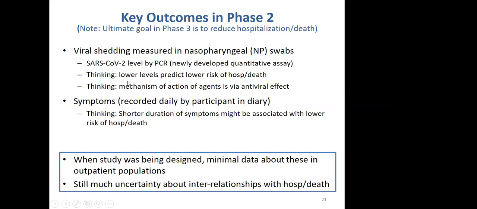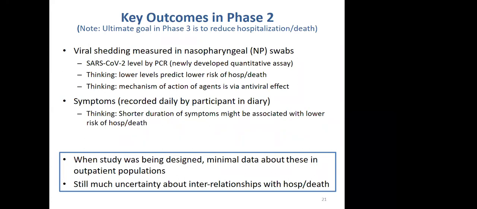So the concept here, and this gets at surrogacy issues, the thinking was that lower levels of the virus would predict lower risk of hospitalization or death. That seems fairly obvious, perhaps, but it's important to bear in mind that we're measuring the virus in the upper nose, and maybe it's the virus in the lungs that really matters. Very difficult to measure that, particularly in the outpatient setting.